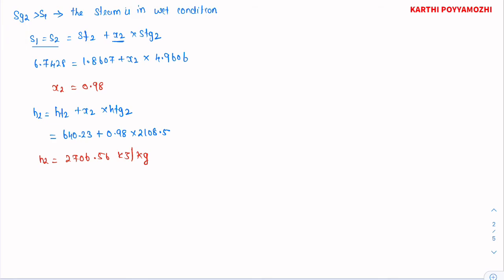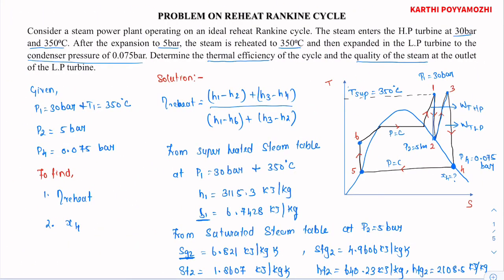Now we have to find the value of H3. H3 can be found from the superheated steam table. This is the state point 3, and it is superheated to a temperature of 350 degrees Celsius.